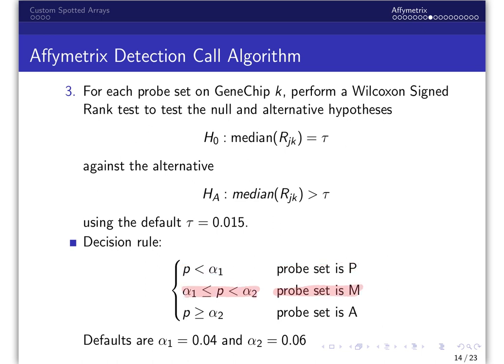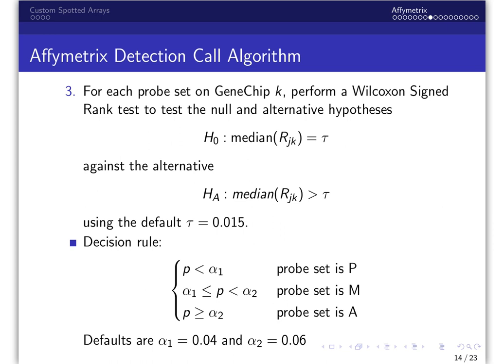If the p-value is between alpha sub 1 and alpha sub 2, then the probe set is declared marginally present. And if the p-value is greater than alpha sub 2, the probe set is declared absent. The current defaults are alpha sub 1 equals 0.04 and alpha sub 2 equals 0.06.